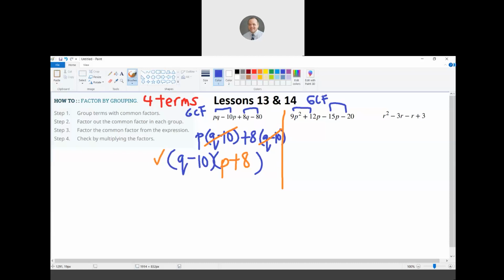For the first pair of terms, 9 and 12 are divisible by 3. And remember, when you pull out or trying to find the GCF among common letters, you always take out the smallest exponent. So for the first 2 terms, that's the letter P.